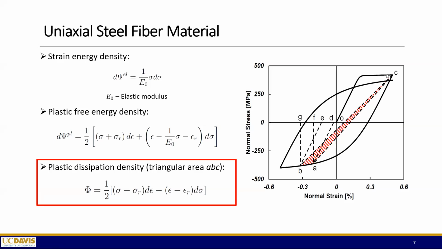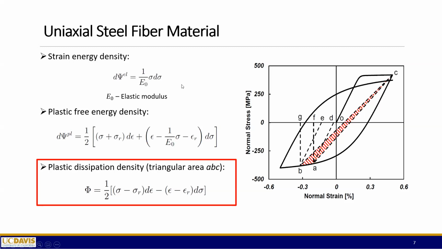If we are trying to calculate the amount of energy dissipation and the plastic free energy change from a state A to state B, assuming we are loading from point A to point B, this triangular area, this red area, we assume to be the amount of energy dissipation during this time step from point A to point B. The detailed justification and derivation of that assumption can be found in our papers. Later I will provide the details, but this is what we arrive at.